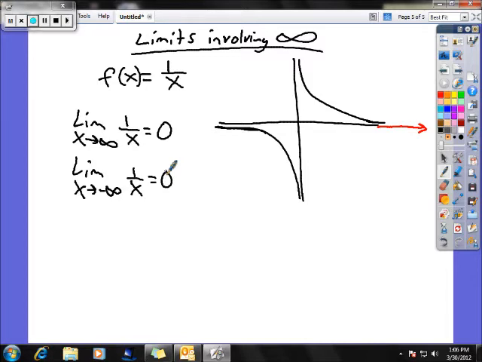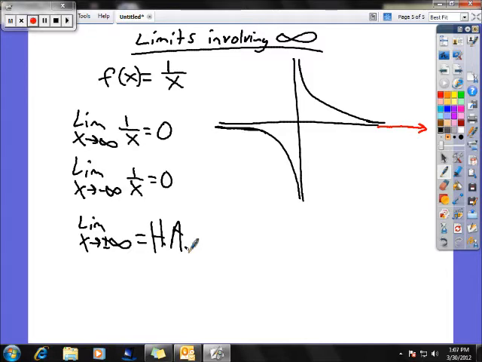Whenever you see the limit as x approaches plus or minus infinity, we are talking about horizontal asymptotes. The limit as x approaches infinity is the y value that you get as x goes all the way in one direction or the other, but that's actually the same thing as a horizontal asymptote.